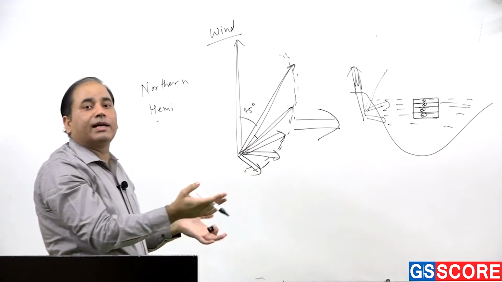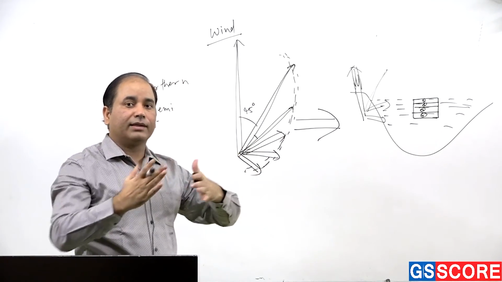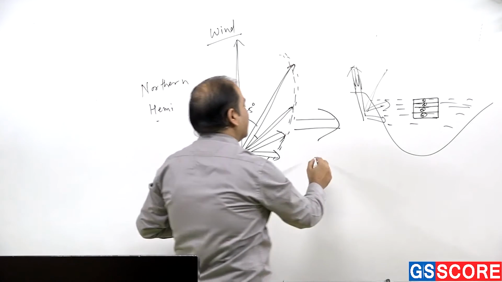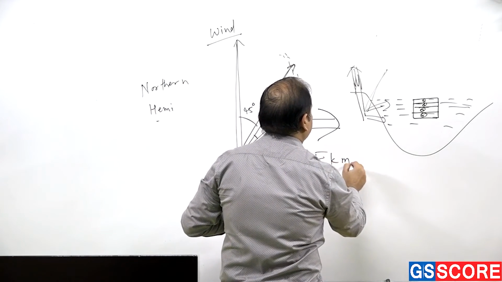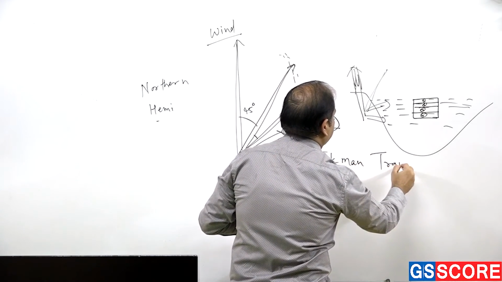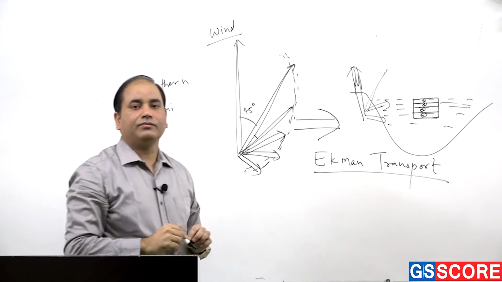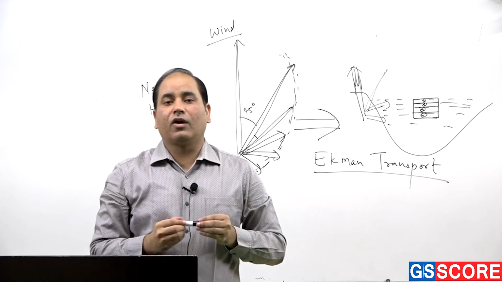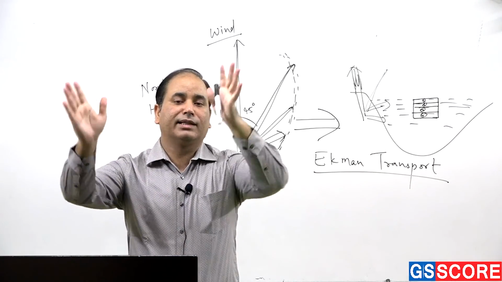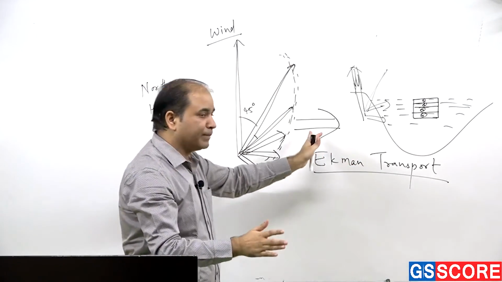This overall movement of the water in the rightward direction is simply termed Ekman transport.